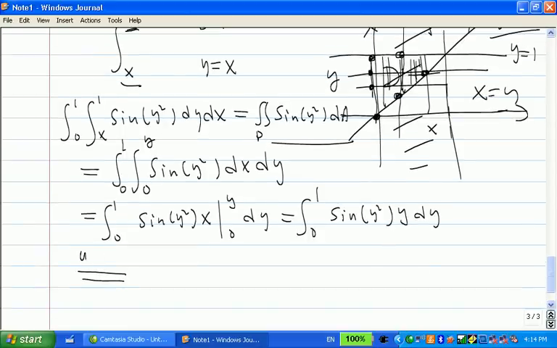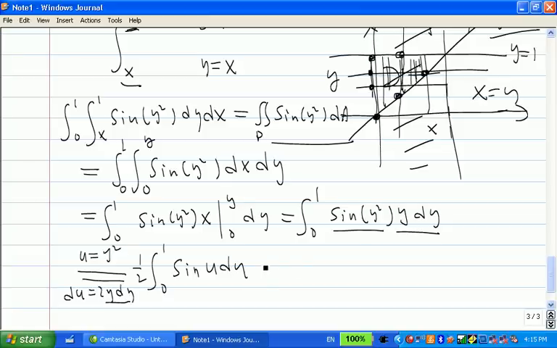You just need a variable substitution. Let u equal y squared. Then du equals 2y dy. Then this integral gives you sine u, and y dy gives you 1/2 du. There are two things you can do.